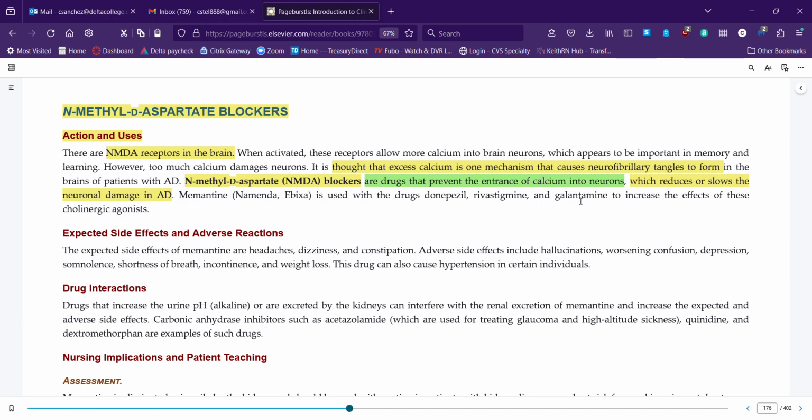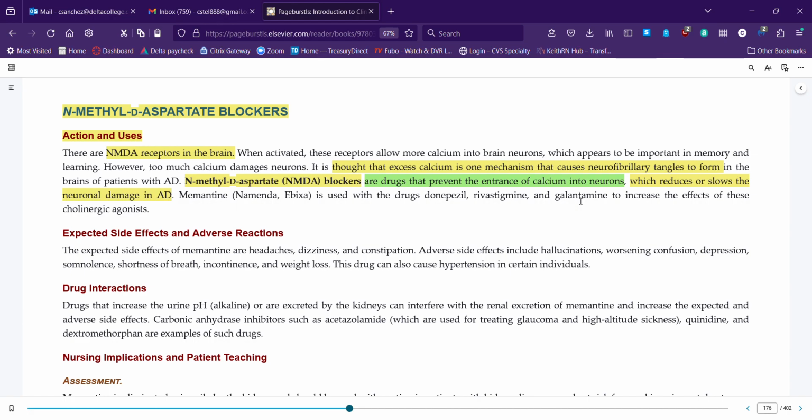So the drug that is used to increase the effects of these, we've got Namenda, which is the brand name that is used in the States.